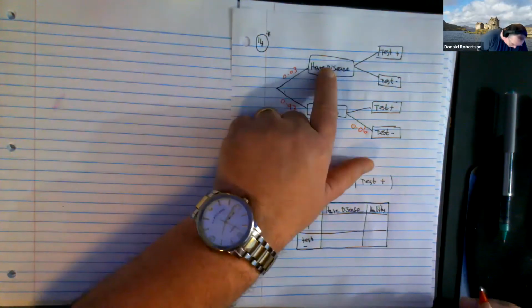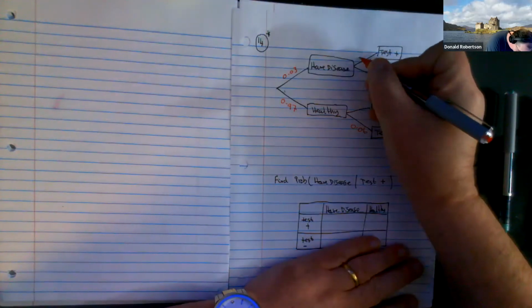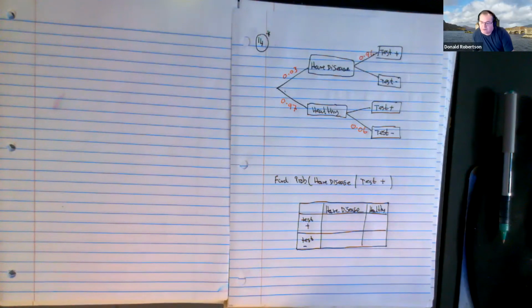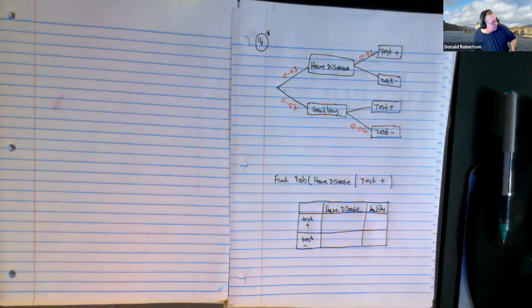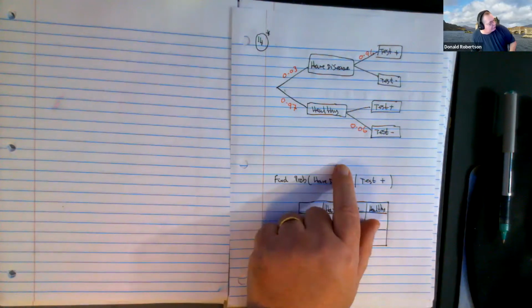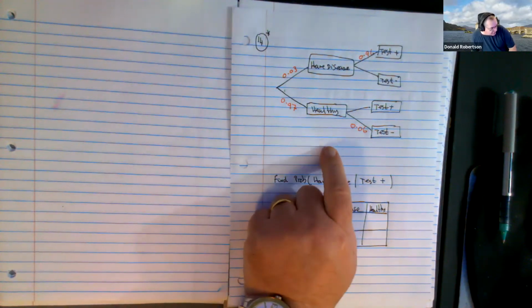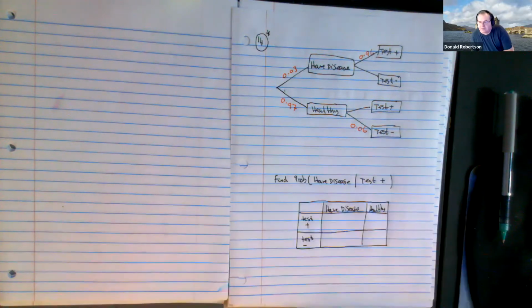And if they do have the disease, the probability that they test correctly is 0.96. Let me read that second one again, because even after I've written it, it's unclear what I've said. If an individual does not have the disease, the probability is 0.06 that they test falsely.